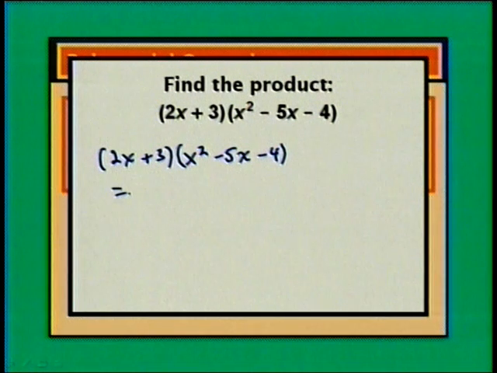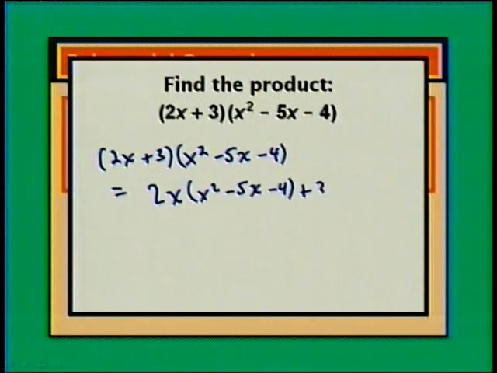Well, the first thing I'm going to do is distribute the trinomial over the 2 terms in the binomial. That's a fancy way of saying that I'm going to rewrite this as 2x times x squared minus 5x minus 4 plus 3 times x squared minus 5x minus 4. Now I need to distribute 2x through the trinomial.